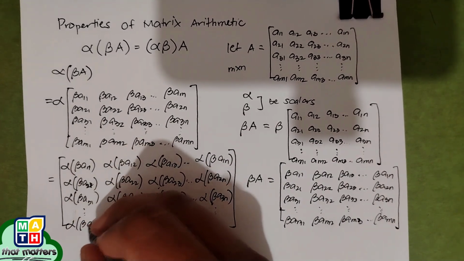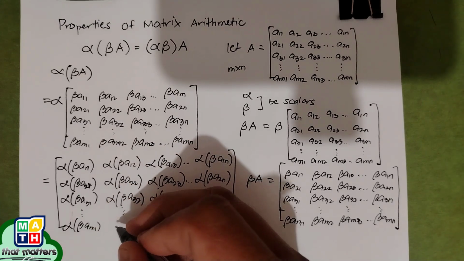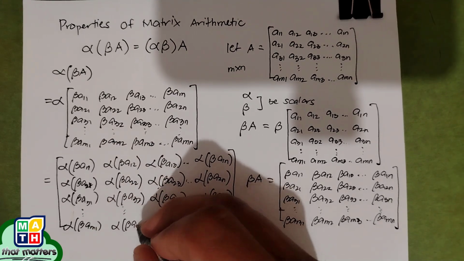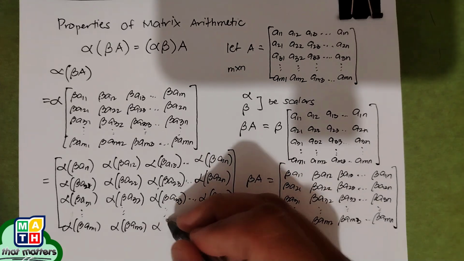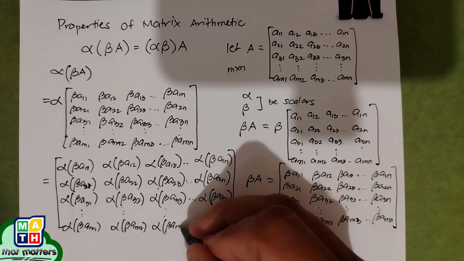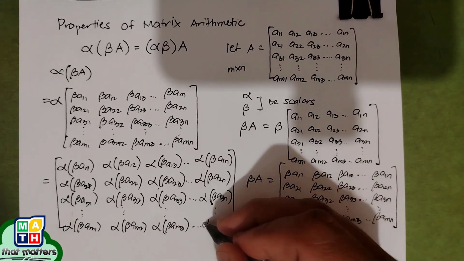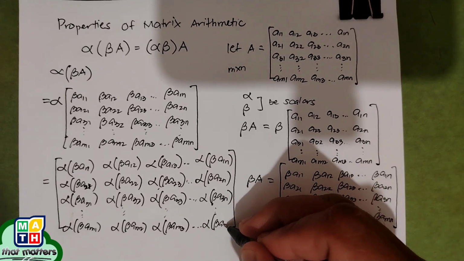Alpha times beta Am1, alpha times beta Am2, alpha times beta Am3, dot dot dot, alpha times beta Amn.